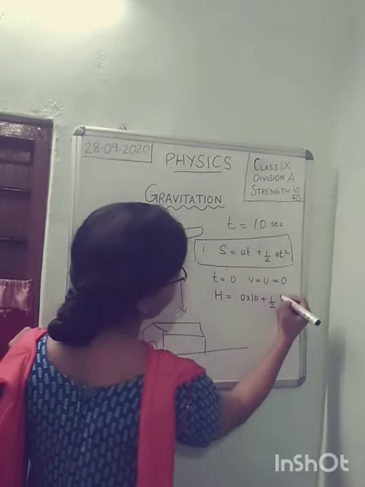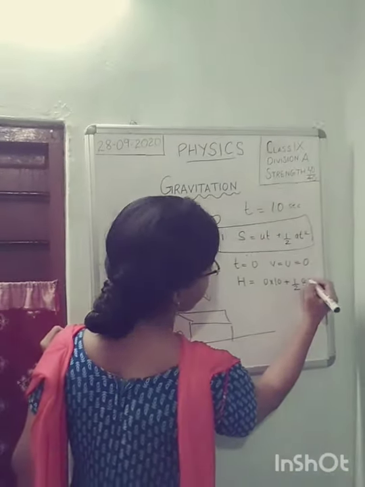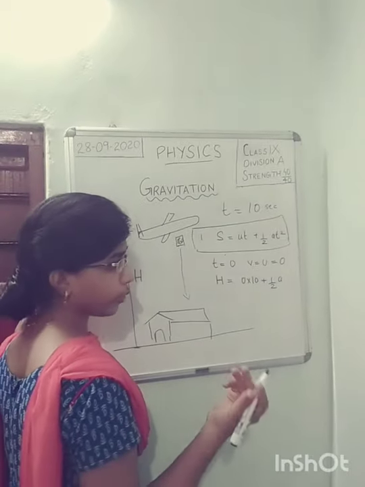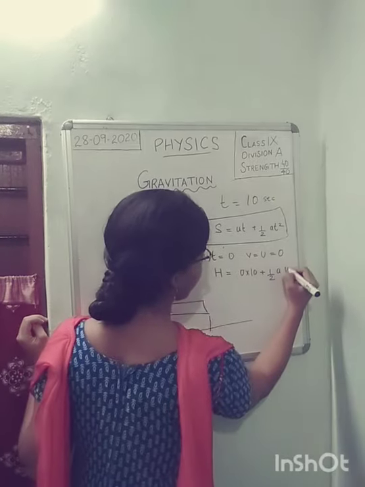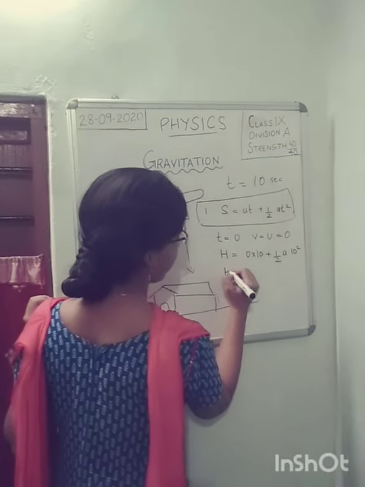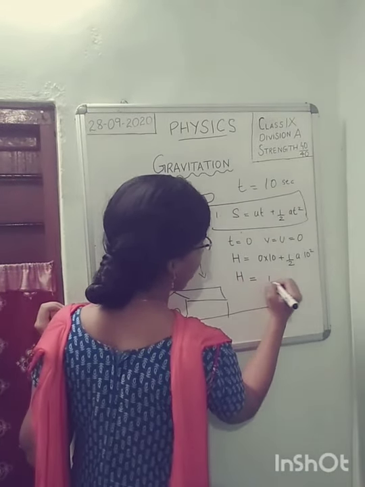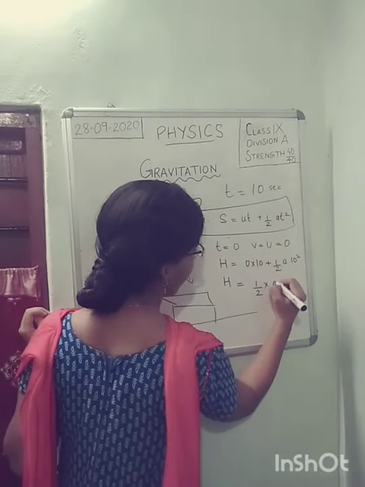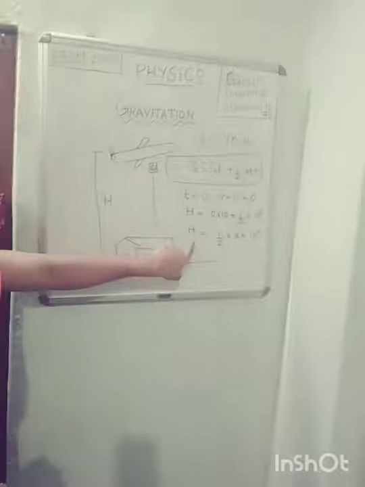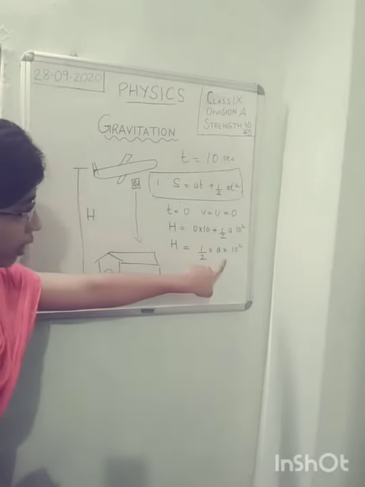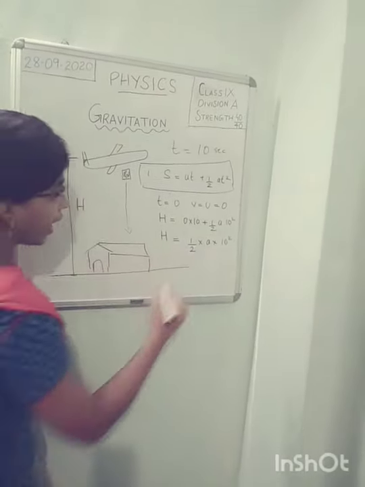What is the value of a? Do you know? No, we don't know that. We just know the value of t, so I am writing it as 10 square. So what did we get here? We get half into a into 10 square. So we will get the value of height if we calculate the value of acceleration.